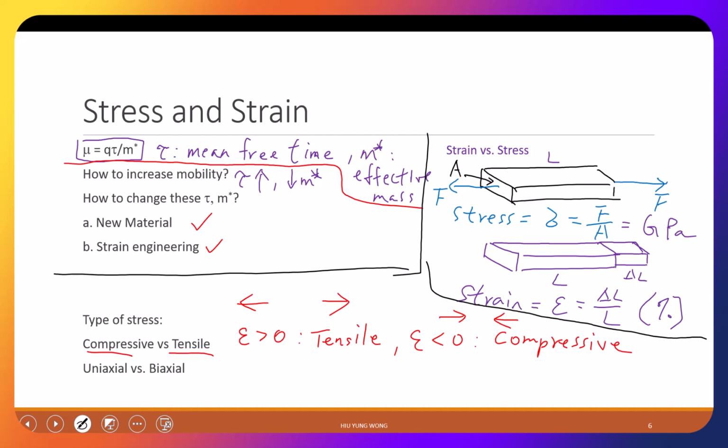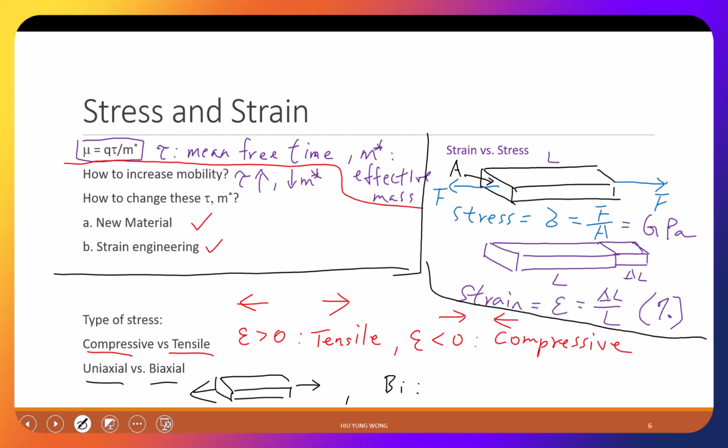This is a simple strain and stress. We can have many complicated things, but one thing I want to mention we usually encounter is the uniaxial and biaxial. Uniaxial is just like what I showed you earlier. You only apply it in one direction. So in one axis, uniaxial stress results in this uniaxial strain.